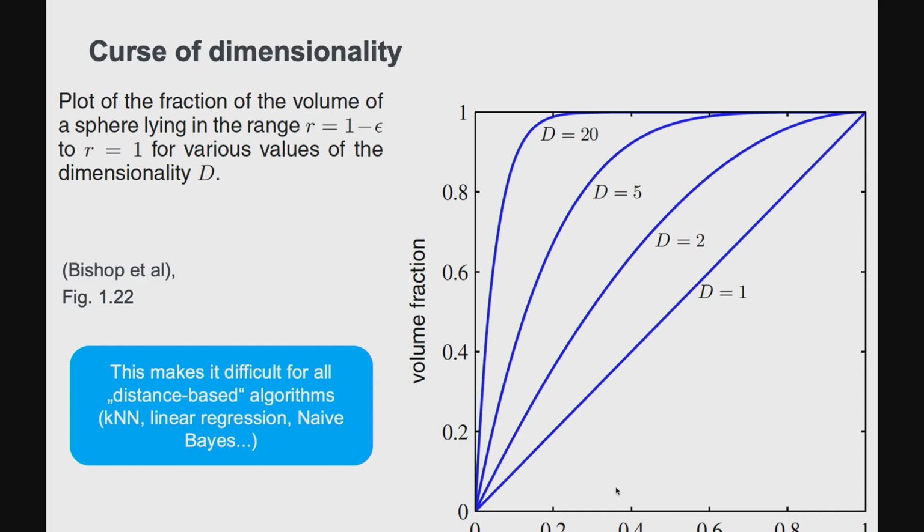Then as you increase the number of dimensions, the expected distance for random samples becomes more and more similar. And this is expressed in this diagram up here.